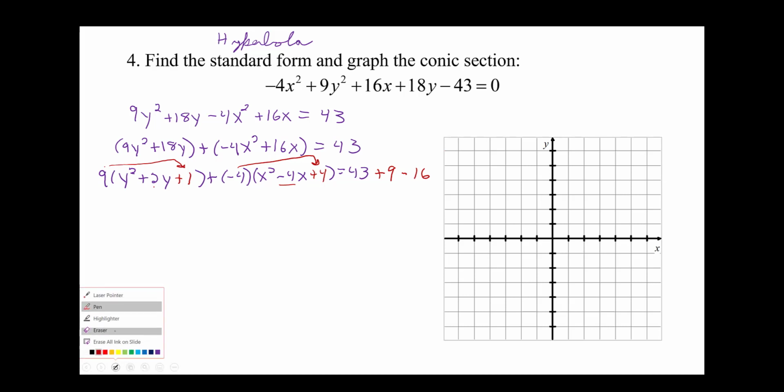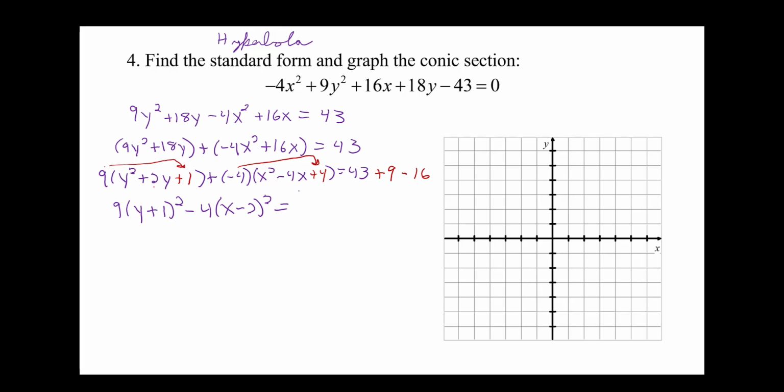Okay, our next step then is to write the squares in completed form: 9 times (y + 1)² - 4 times (x - 2)² equals 43 plus 9 would be 52.